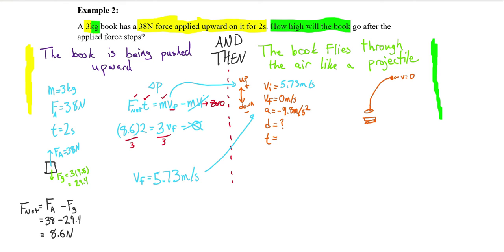And now we're ready to calculate the height that the book flies after the applied force stops. Let's use a kinematics formula.